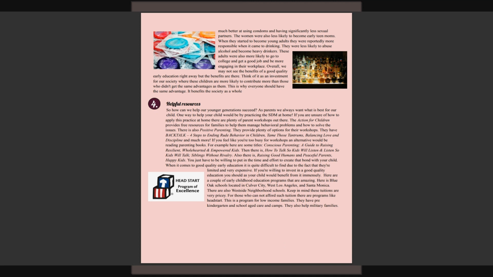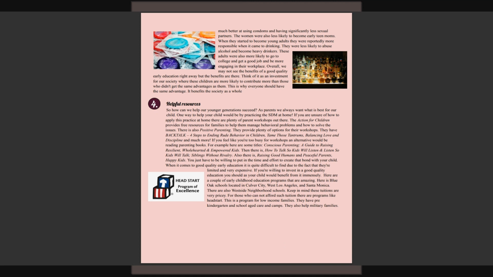Overall, we may not see the benefits of a good quality early education right away, but the benefits do end up coming in the future. So you want to think of it as an investment for our society. These children end up contributing to our society once they are older, and basically they end up paying for their own early childhood education with their contribution later on in life.